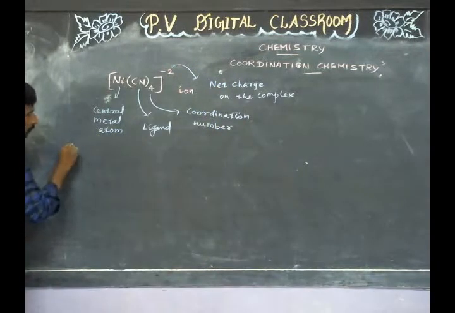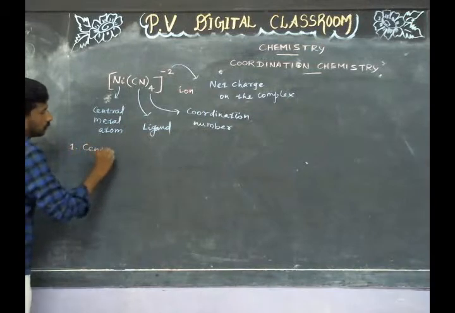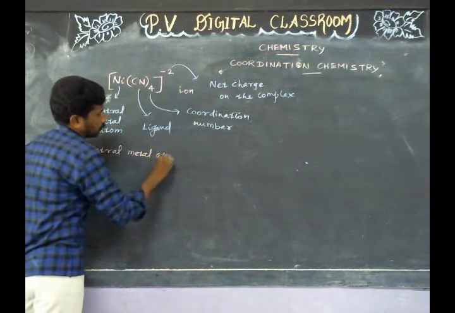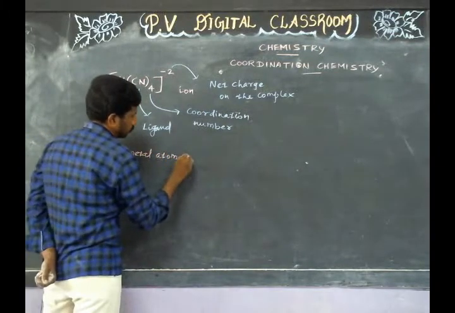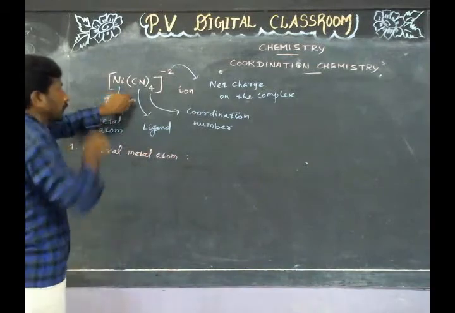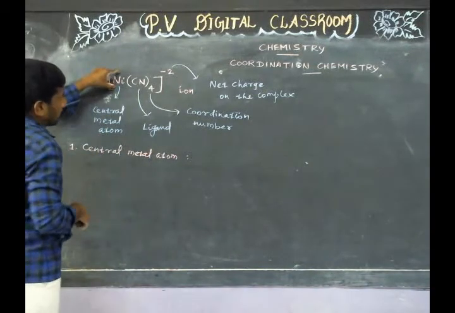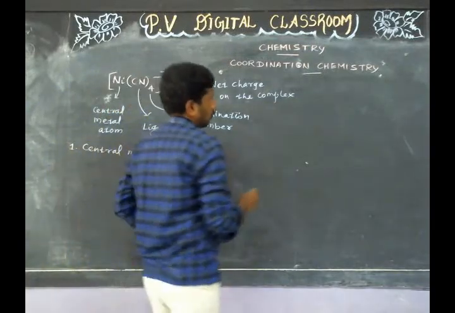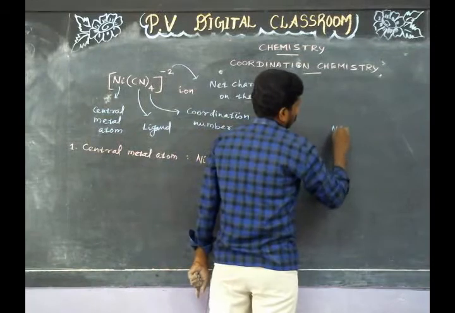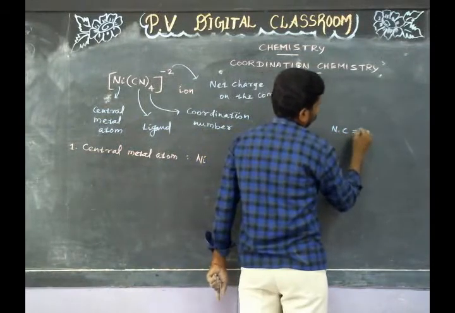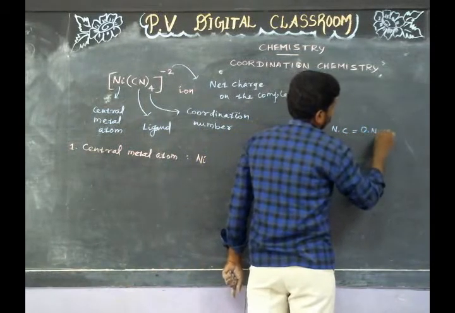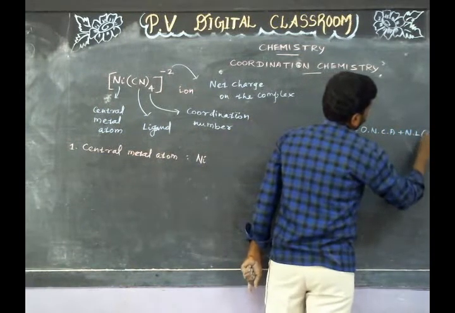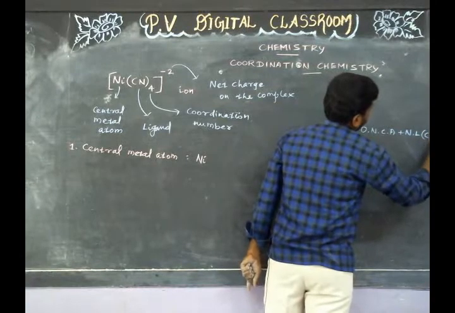First one, central metal atom. In the given complex ion, the central metal atom is nickel. We know that the net charge on the complex is equal to the oxidation number of the central atom plus the number of ligands times the charge on the ligand.